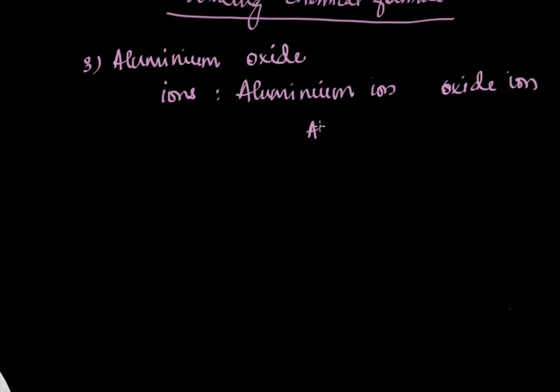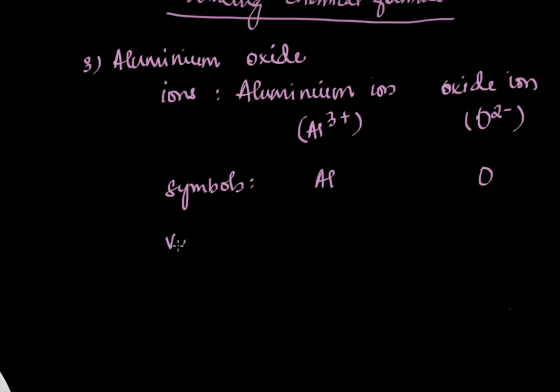Aluminium ion is represented as Al3+, and oxide ion is written as O2-. The symbols are, for aluminium the symbol is Al, for oxide the symbol is O. Valency of aluminium, I have written +3, so valency of aluminium is 3 and oxygen's valency is 2.